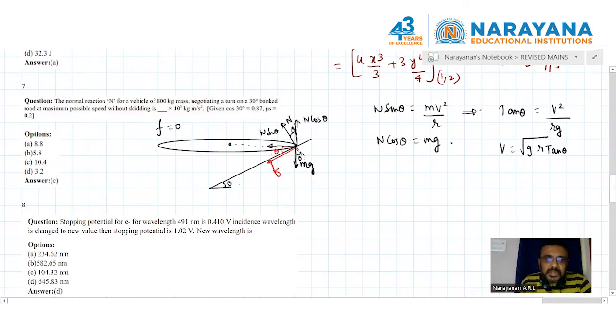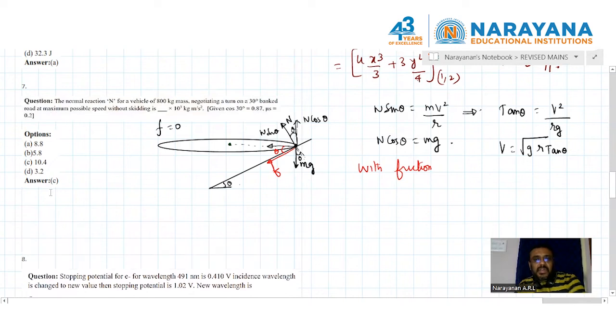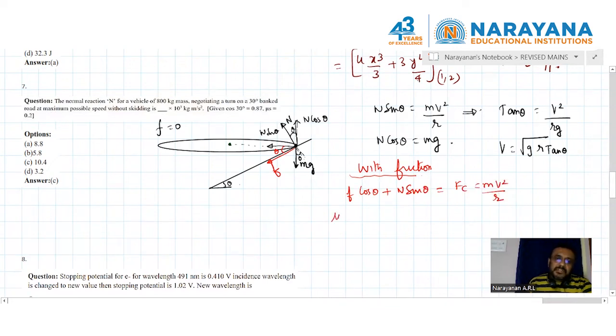So what is going to provide the necessary centripetal force? This is with friction. f cos theta plus N sin theta is going to provide the necessary centripetal force, that is mv square by r. f is mu N.